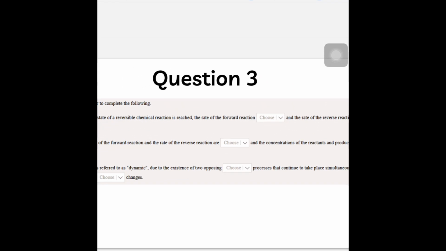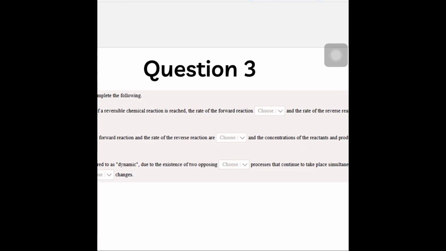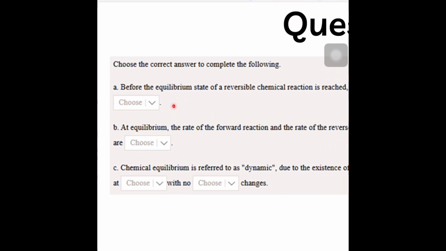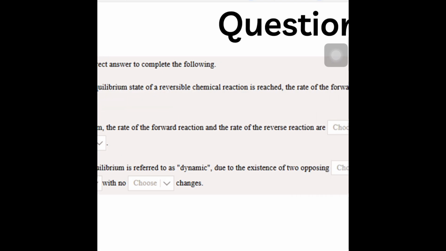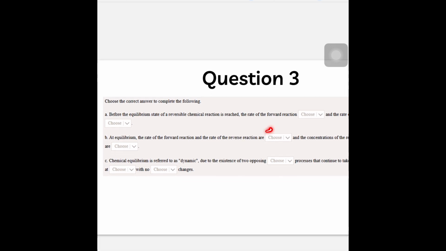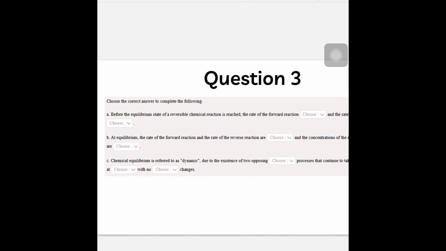So the first thing we need to put over here is that the rate of the forward reaction is going to decrease and the rate of the reverse reaction is going to increase. Now at equilibrium, the rate of the forward and the rate of the reverse reaction are going to be equal to each other, and the concentrations of reactants and products at equilibrium are going to be constant.